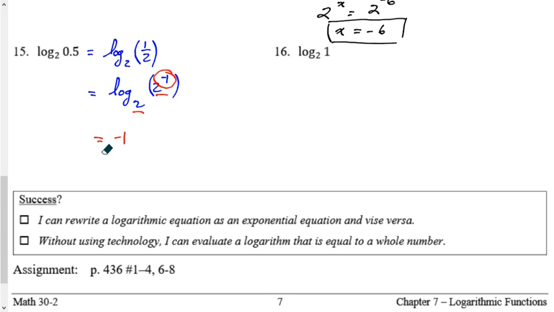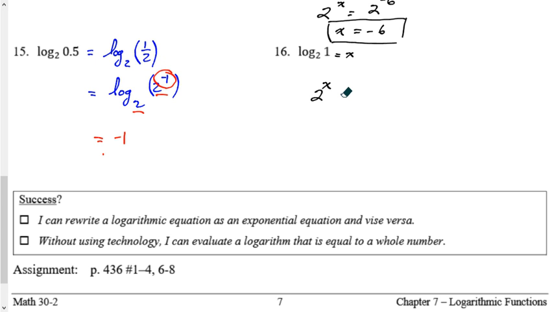Number 16, I'll do the second method again. So I'm going to set this equal to x. So this says, if I were to rewrite in exponential form, my base is a 2. A logarithm is an exponent, so the exponent is x, and this equals 1.